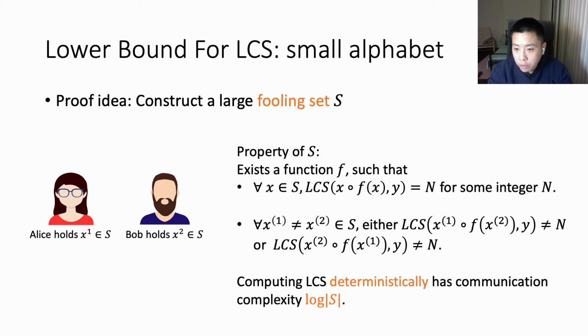Second, for any two distinct strings x1 and x2 from S, either the LCS between y and the concatenation of x1 and f(x2) is not equal to n, or the LCS between y and the concatenation of x2 and f(x1) is not equal to n. By a standard fooling set argument in communication complexity, we have that computing LCS deterministically has communication complexity at least log of the size of S.